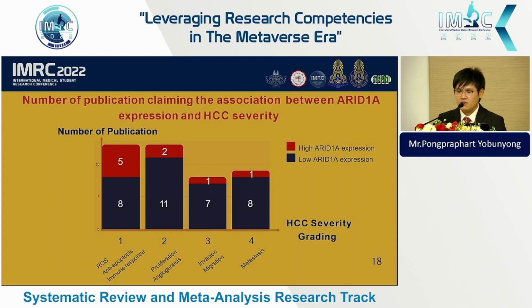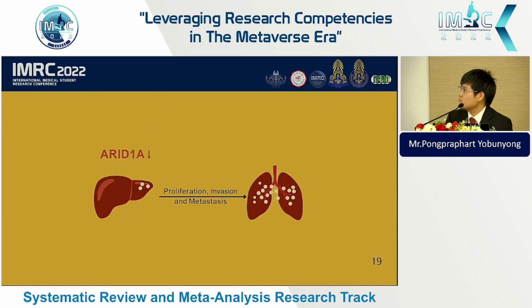And this result, that low ARID1A increases HCC severity, holds as well in terms of invasion, migration, metastasis, reactive oxygen species, the anti-apoptosis properties of the cell, and increased immune response. So low ARID1A expression seems to link with the severity or advanced stage of HCC.